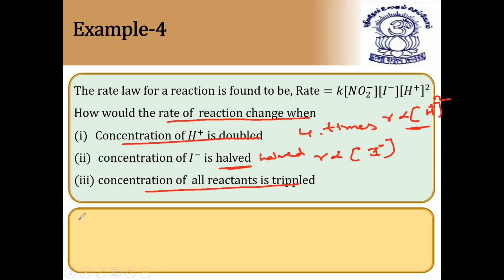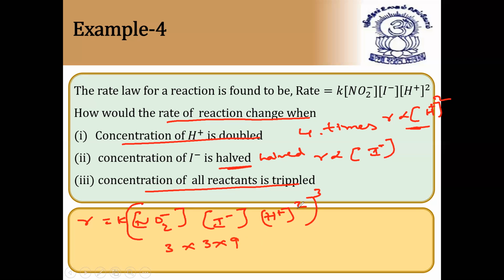So we can write rate is proportional to K into concentration of NO2 minus into concentration of I minus into concentration of H plus whole square. On the whole, tripled means we get 3 into 3 into 9, because 2 times already, so 3 times means 3 squared is 9. So it becomes 81 times.